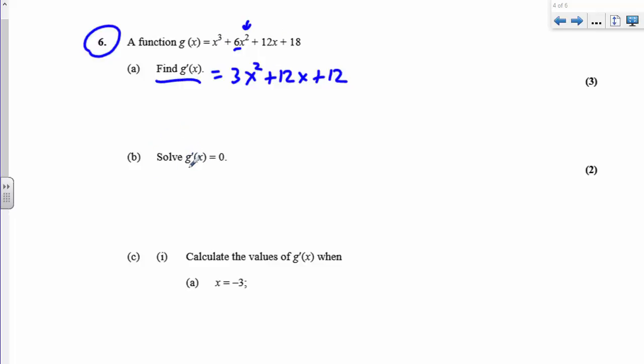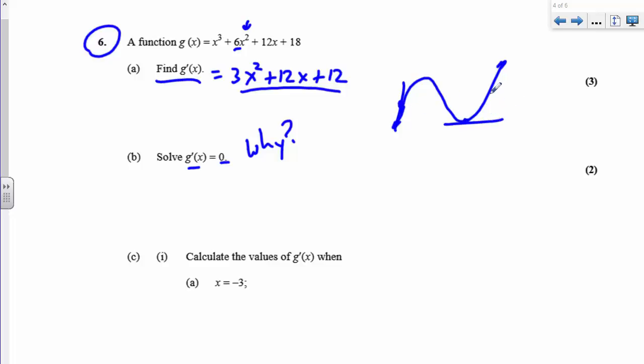So that's that. Now they want me to take this derivative that I just found and set it equal to 0, okay? This begs the question, why do I do this? Now let me go back and explain this. It's important that you know, if you have a graph that looks something like this, this derivative is actually the slope of a tangent line to this graph, and there could be billions of tangent lines. This is a tangent line, this is a tangent line, this is a tangent line, and so forth, right?